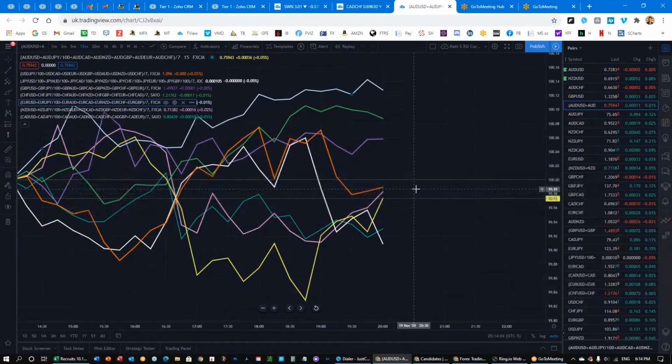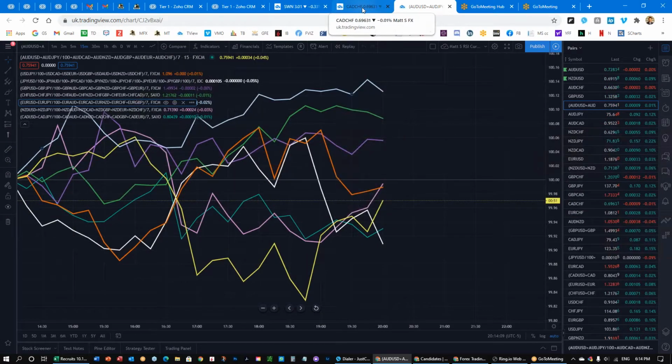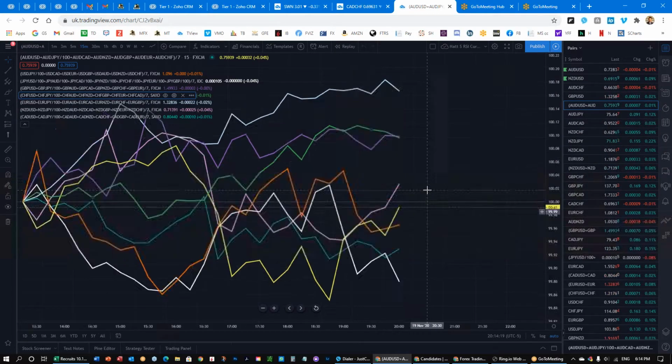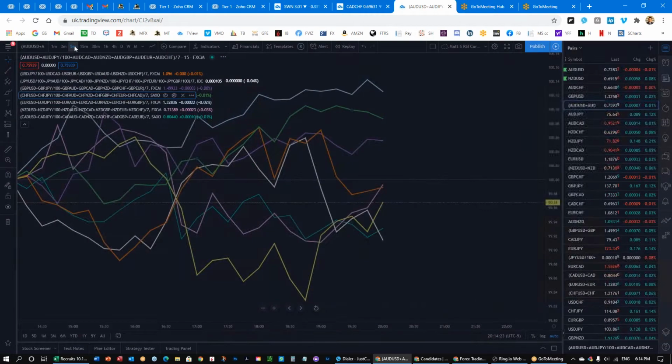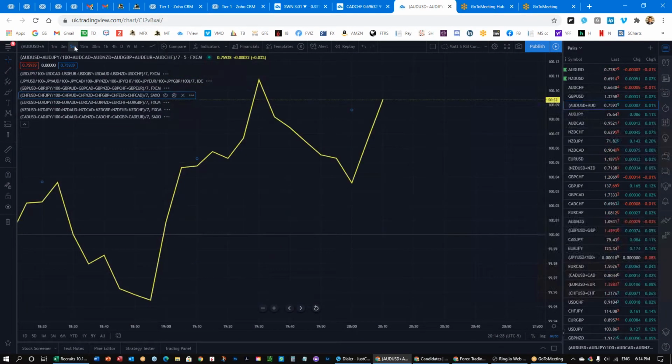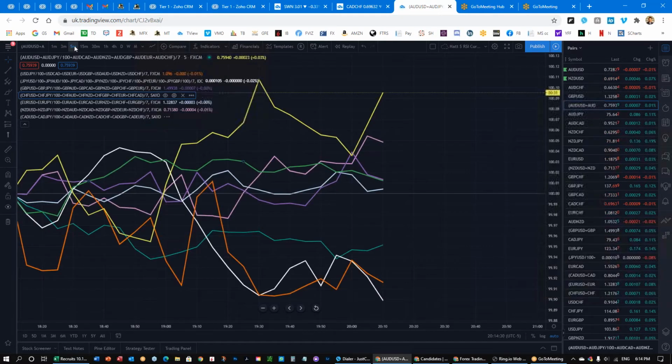Let's see what the baskets are doing. So that is in CAD Swiss. Let's look at the Swiss here, which is this dark green. And let's go to a shorter period just to see what's happening right now. What's the sentiment telling us right now?